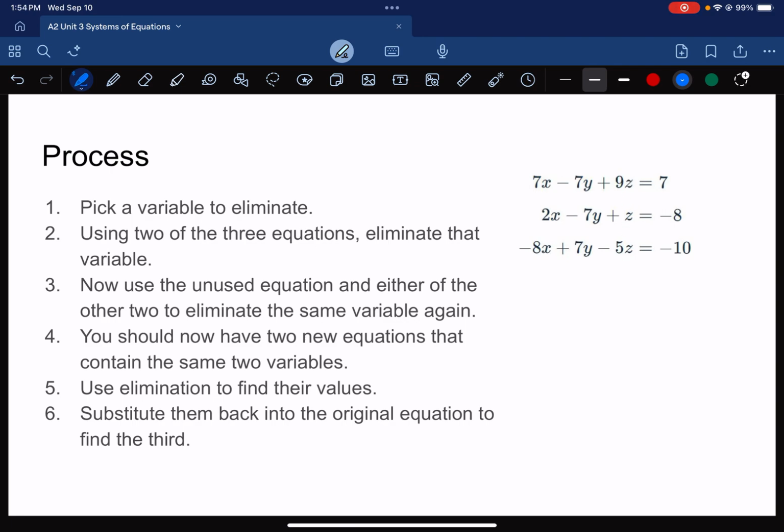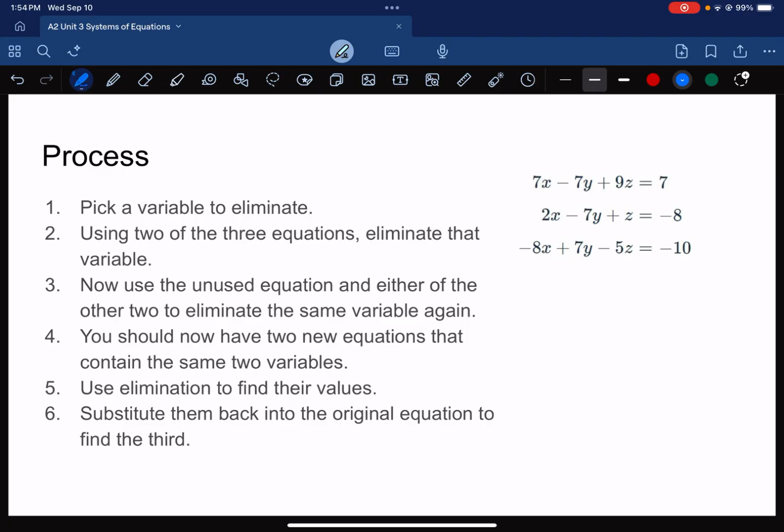And so what we're going to do is we're going to use 2 of the 3 equations and eliminate the y. Then we have to use the unused equation and either of the other 2 that we used to eliminate the same variable again. So we're going to do step 2 twice. Okay, but you have to use all 3 equations.